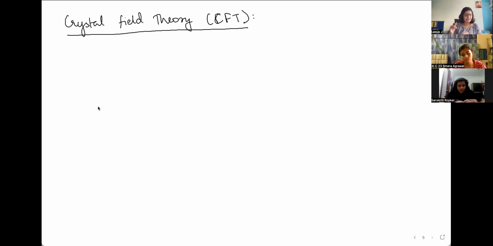CFT is based on repulsive electrostatic interactions. How is it based on that? It'll get clearer when I start explaining.